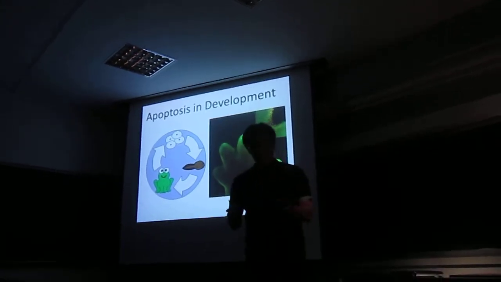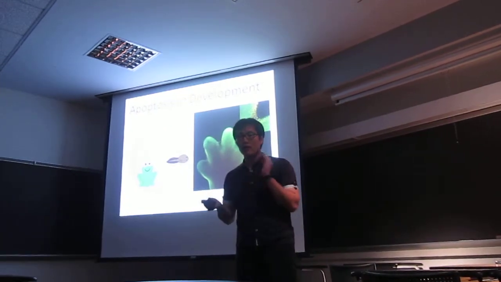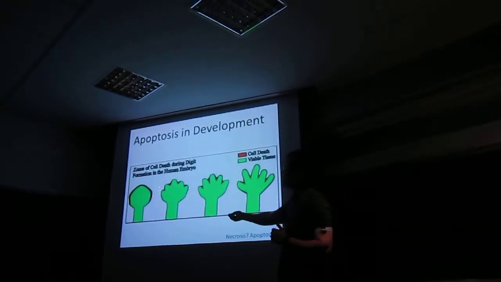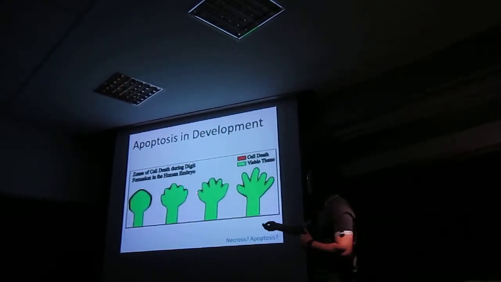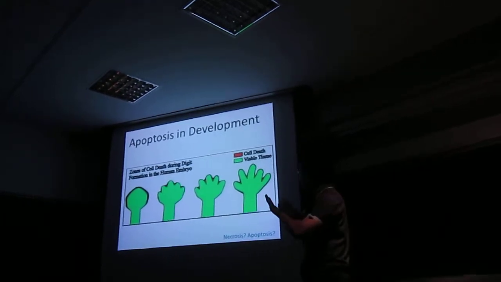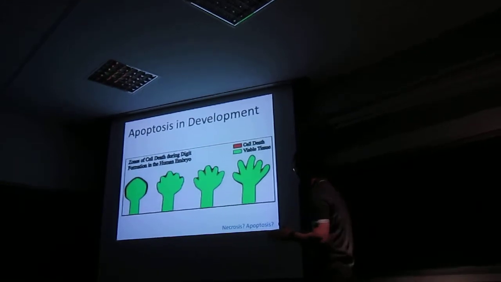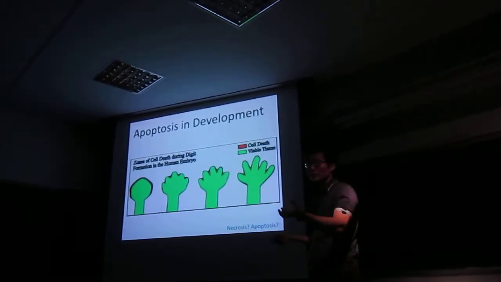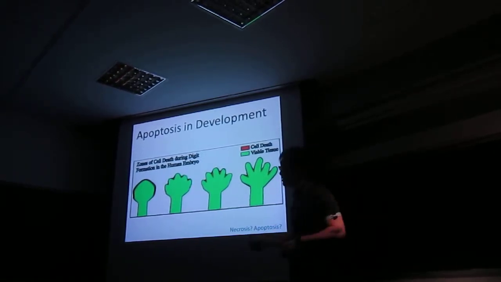Humans usually take the second method. First, we make a big shape of our hands, and then we define where we will cut off, in other words, where the unnecessary part is. This part will go into the apoptosis process. Then finally, we have these five digits.